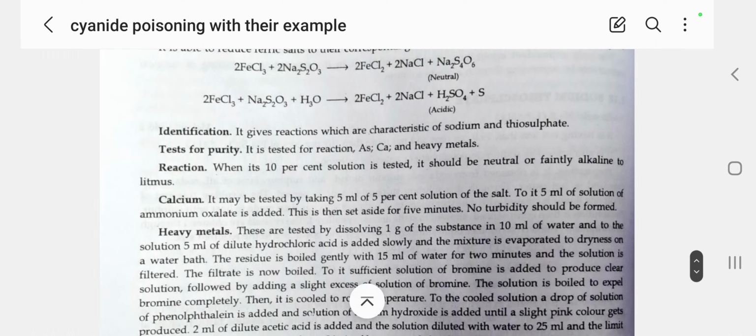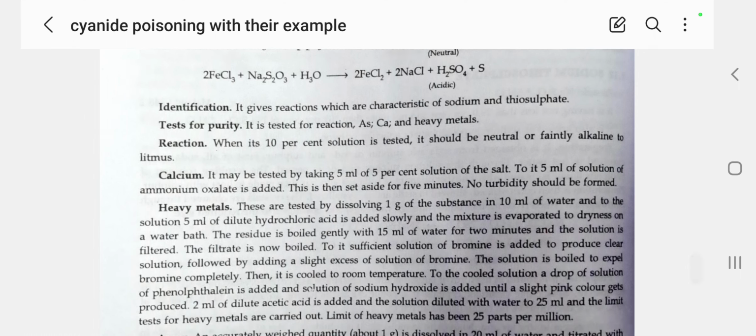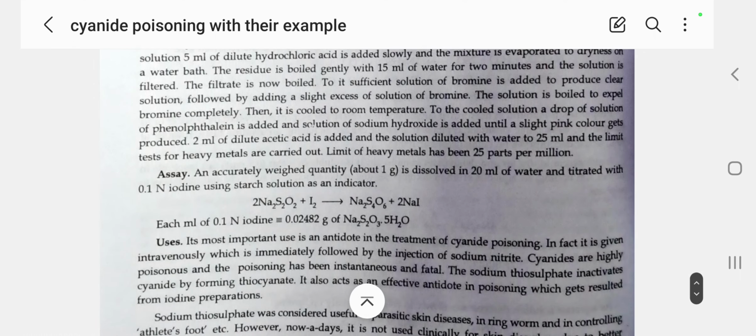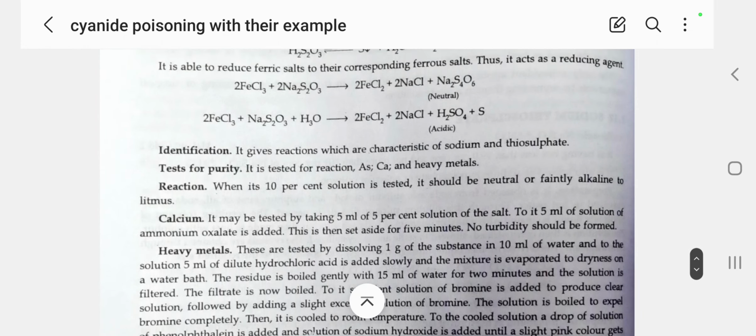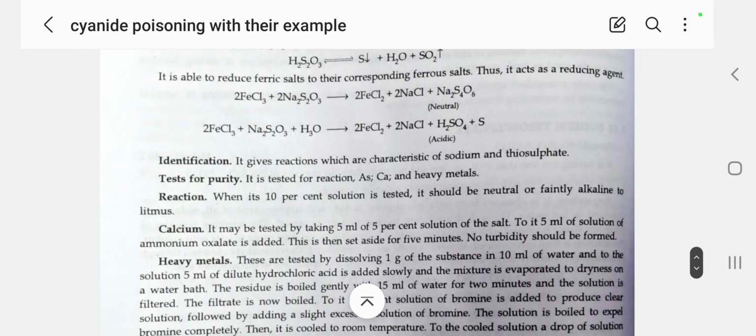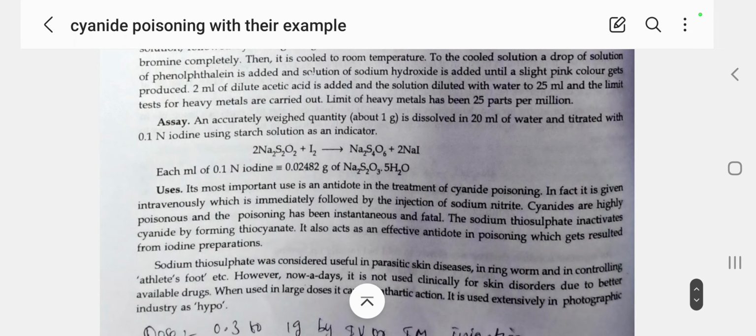Next, what is the identification? It gives the characteristic tests of sodium and thiosulphate. For the test for purity, it is to be tested for arsenic, calcium and heavy metals. We already know how to perform the limit tests for arsenic, chloride, sulfate, lead and iron, etc. Next we'll go for the assay.